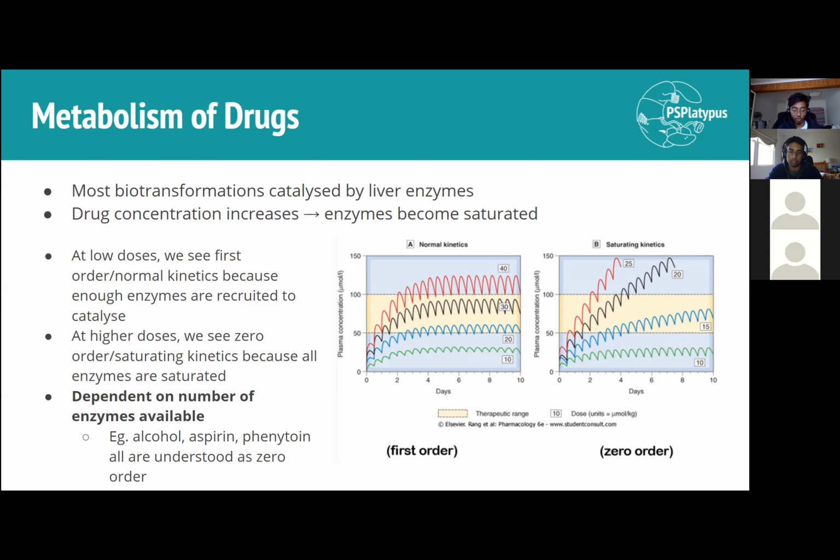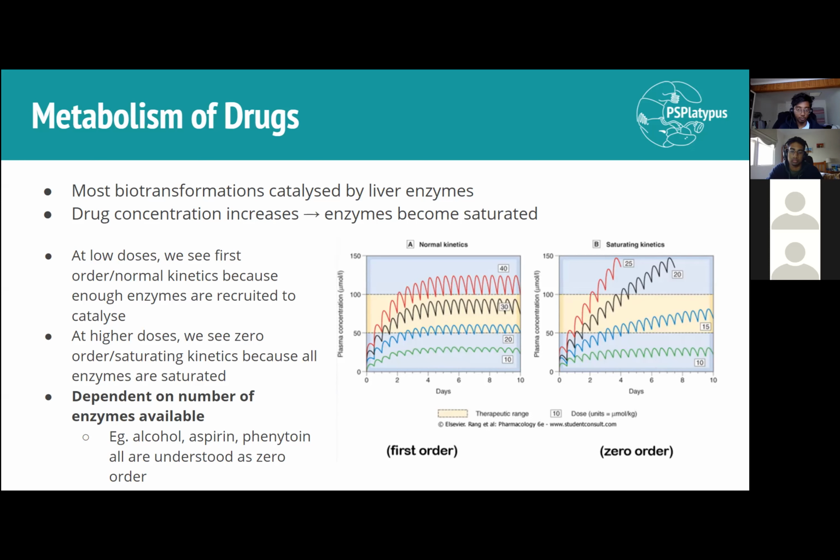On the right-hand side, however, we see zero order or saturating kinetics, because since the enzymes that break down the drug are saturated, the rate of breakdown is unable to increase or match the amount of drug into the body. So this means that whatever extra drug you put on is just going to keep increasing the concentration in the plasma, since more enzymes cannot be recruited.